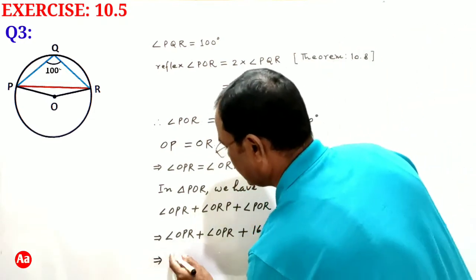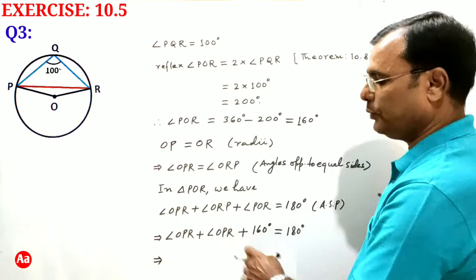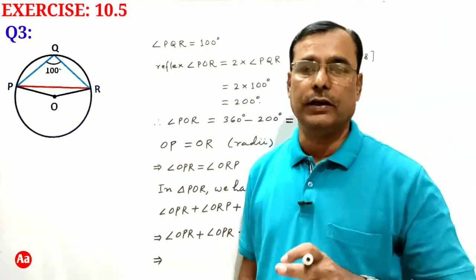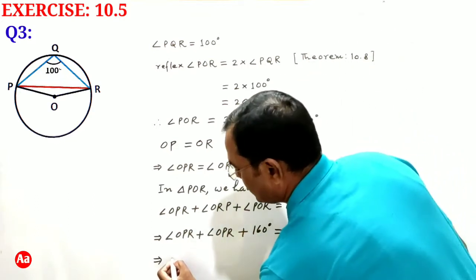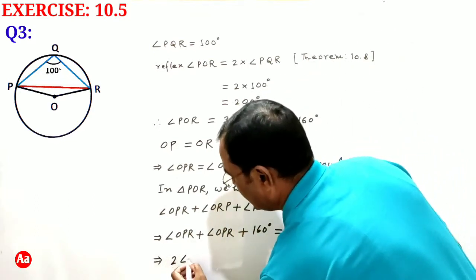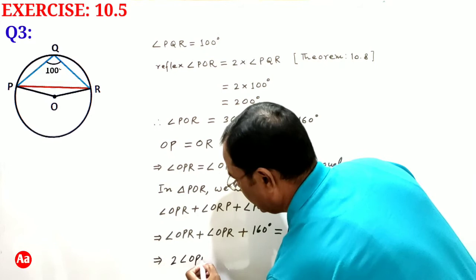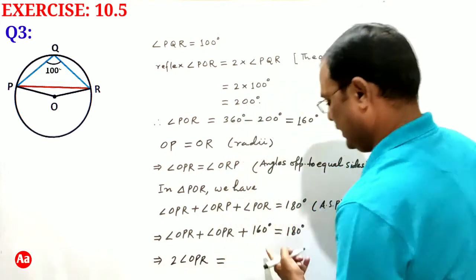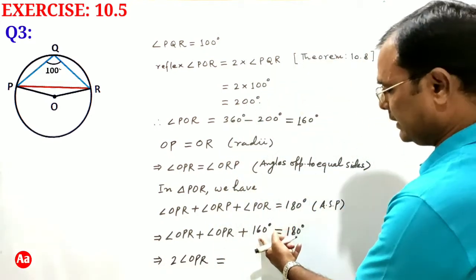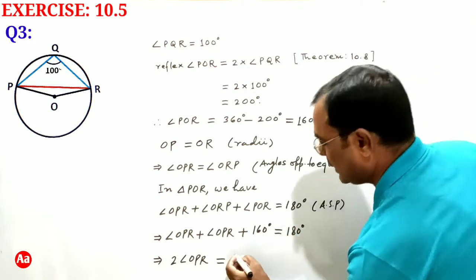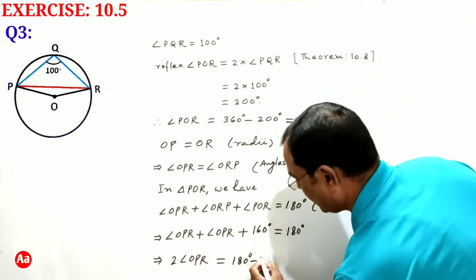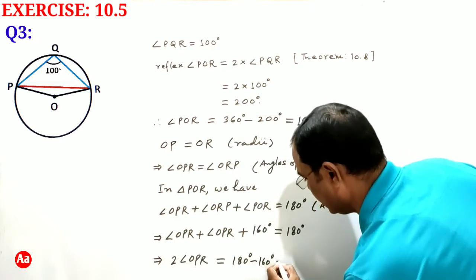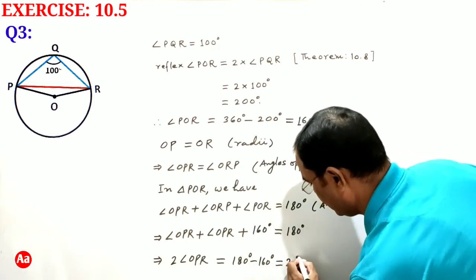So this implies angle OPR plus angle OPR, double of angle OPR, that is 2 into angle OPR. So 2 into angle OPR equal to, transpose this 160 degrees from left side to right side, so it will be 180 degrees minus 160 degrees equal to 20 degrees.